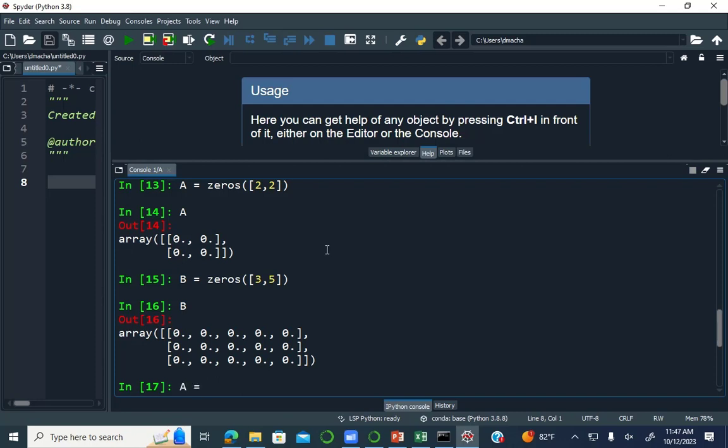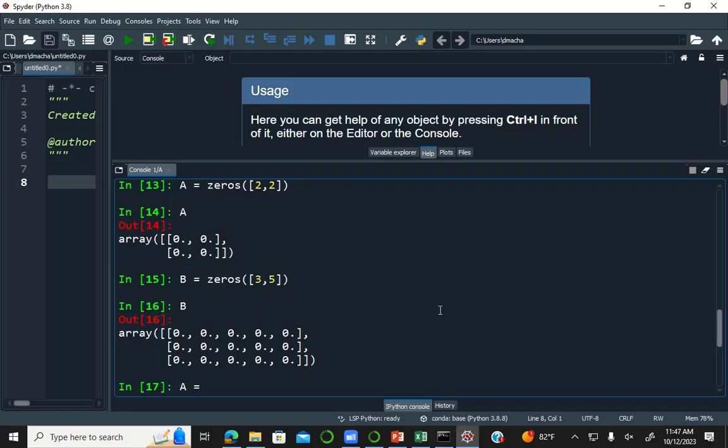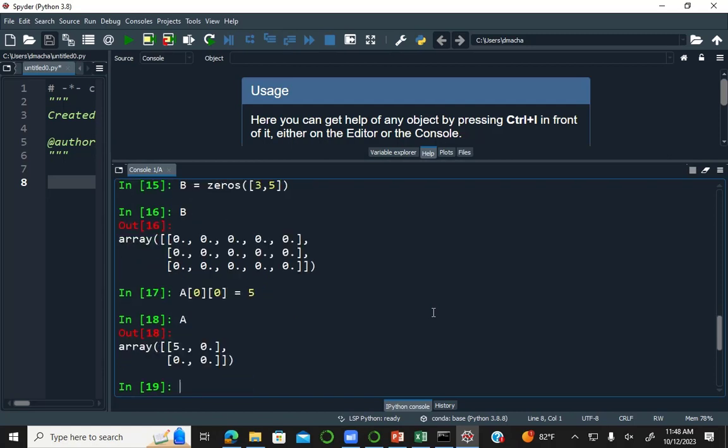Back to my matrix A. Let's say the matrix is 5, 6, 7, 8 for the entries. I can assign the values of the entries by doing this. Except maybe the difference is we normally talk about this as being the first row, first column.